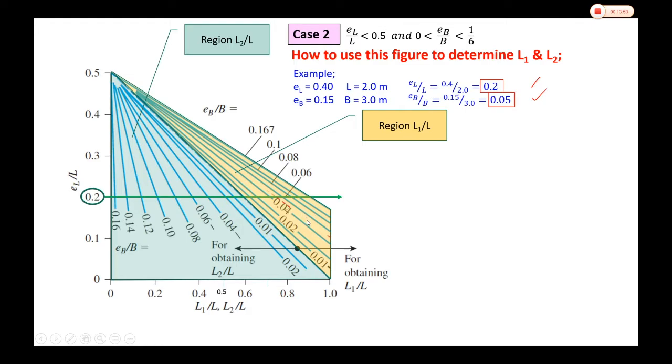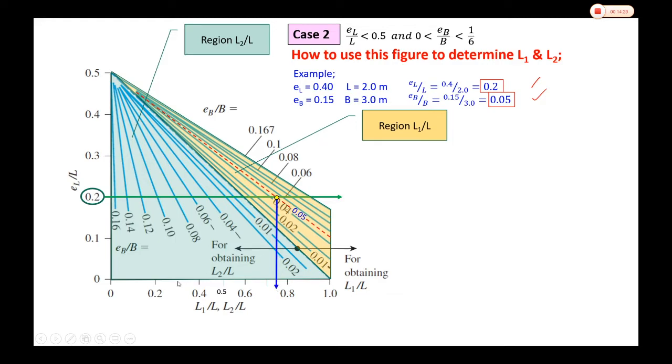So we will sketch another line in the middle to indicate 0.05. We start with the L1 over L ratio. Look at the intersection point between the horizontal green line and the dashed red line. You can see there is an intersection here.